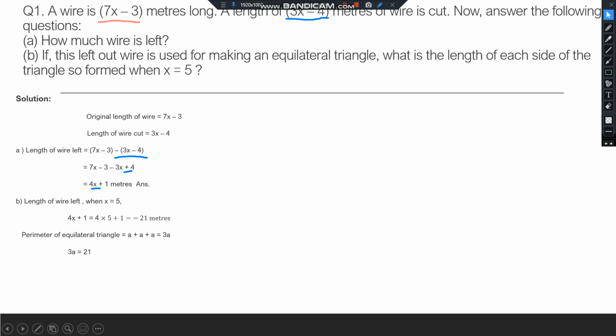So 3a equal to 21 meters, and hence a equal to 21 divided by 3, that is 7 meters. So that is the answer of second part. So length of each side of equilateral triangle becomes 7 meters. So there are two answers in this, and the total marks for the question was 4 marks.